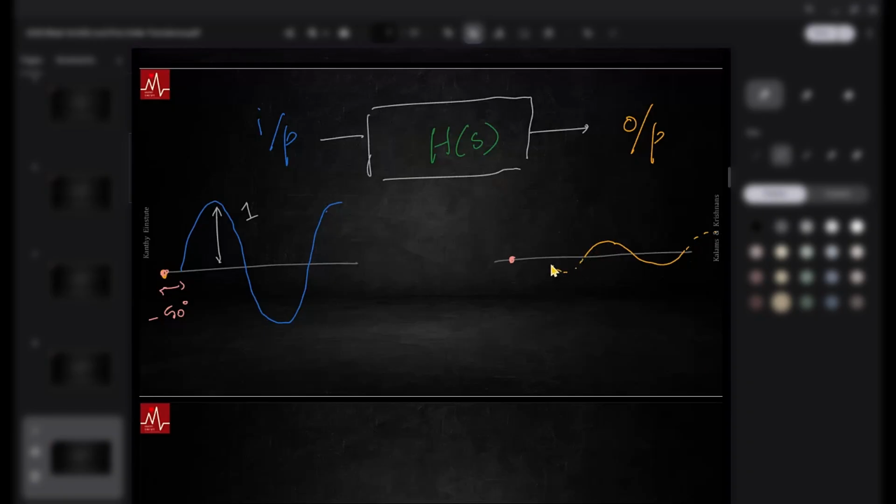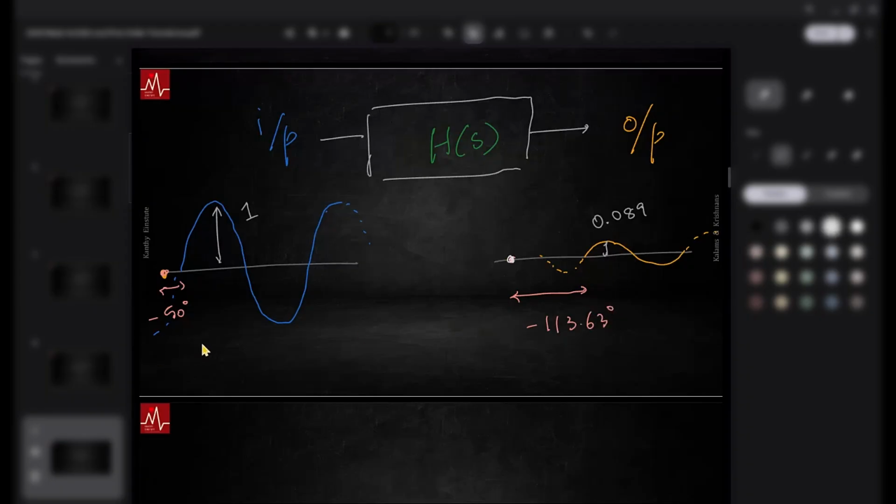Steady state: this keeps on oscillating like this. I'm just showing one period. This amplitude is now 0.089, and this phase, taking this as t equals 0, is going to be minus 113.43 degrees.